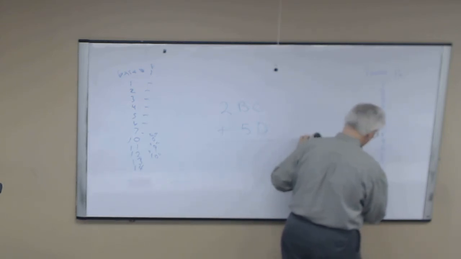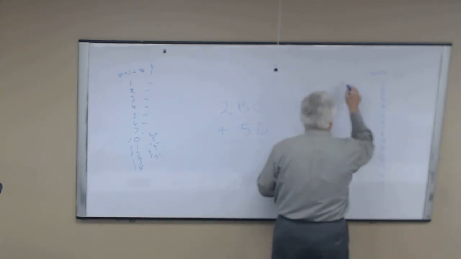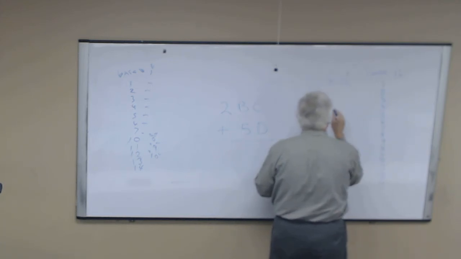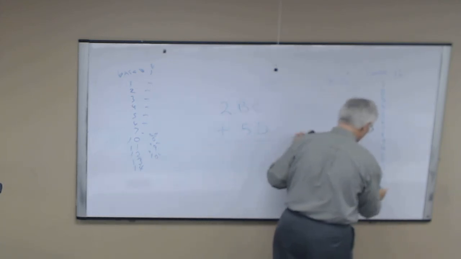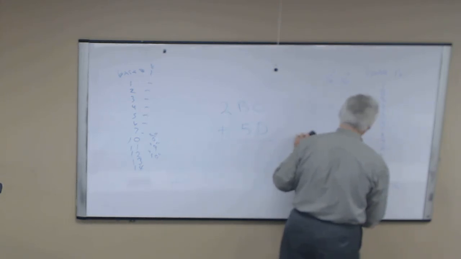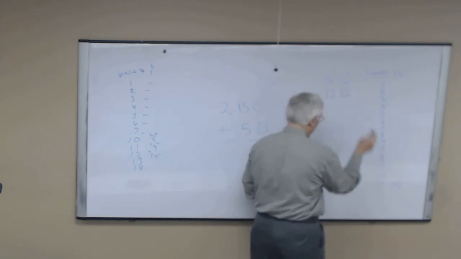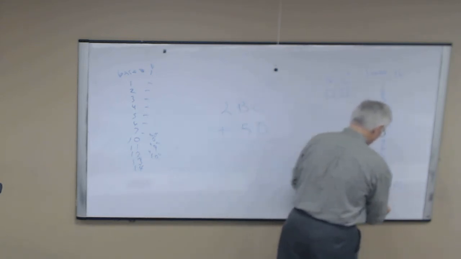How do I say 16? Base 16 is 16 to the 0, 16 to the 1. Oh, 16 would be 1, 0. 1, 16 and no ones. See that? What would 15 be?